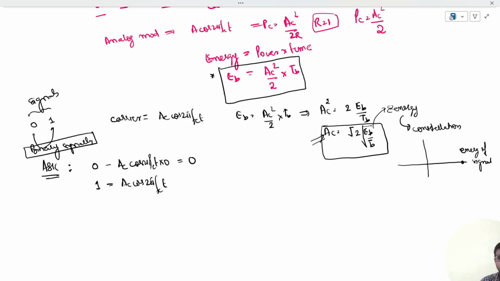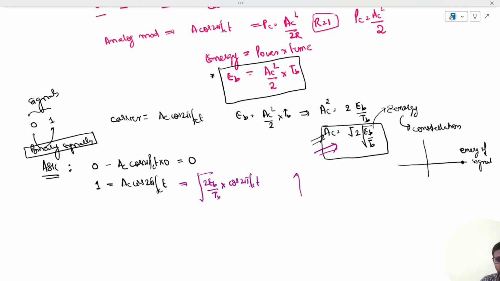Also, here we have seen that Ac can be represented as root over 2Eb by Tb into cos 2πfct.